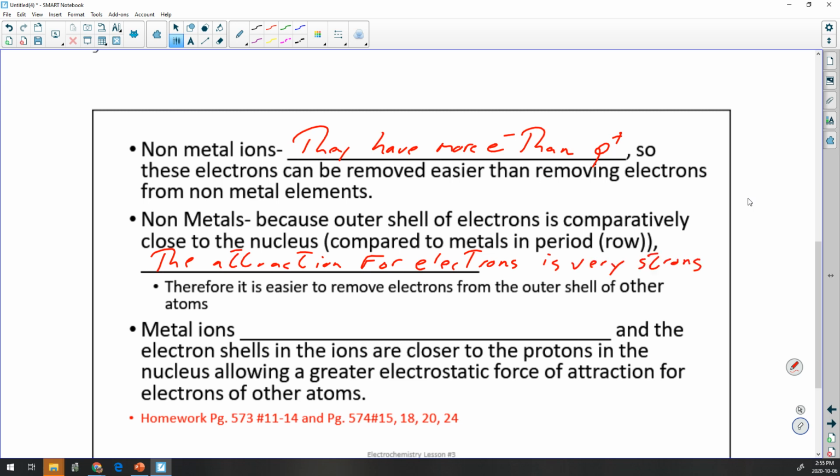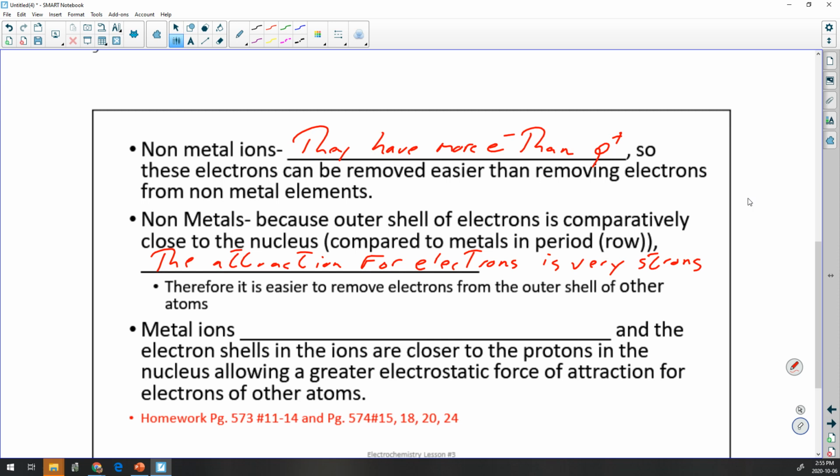When we start getting into the nonmetals, we have a lot more protons than corresponding metals in the same row. And because of that, the atom starts to get smaller. Metals are big, nonmetals are smaller than that, even though they have more protons and more electrons. Those electrons are hard to rip off, but it's easy for them to take electrons from somebody else because of their size and the number of protons.